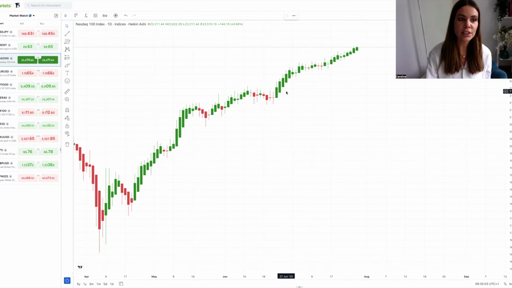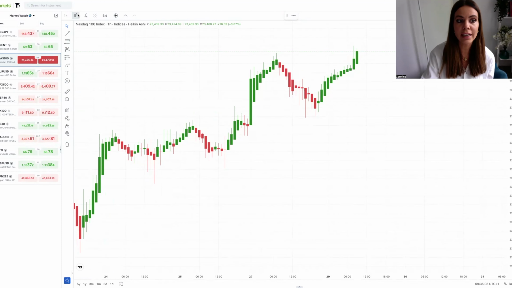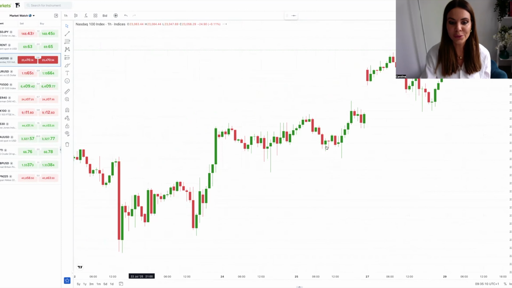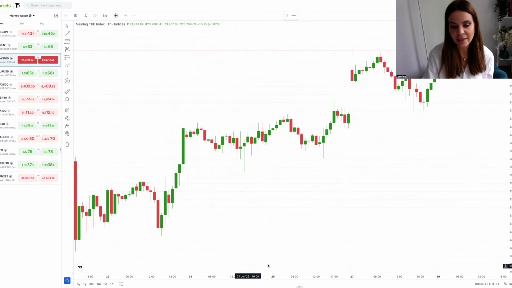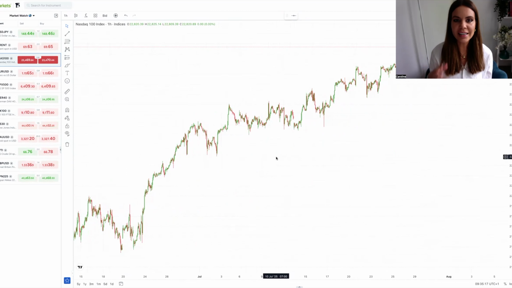So the next thing I want to do is to drop the time frame. I like the 1 hour chart. I'm going to go to normal candlesticks now because I know what the long-term momentum is. And I find that the 1 hour chart gives a slightly different perspective than I actually get on any other time frame.